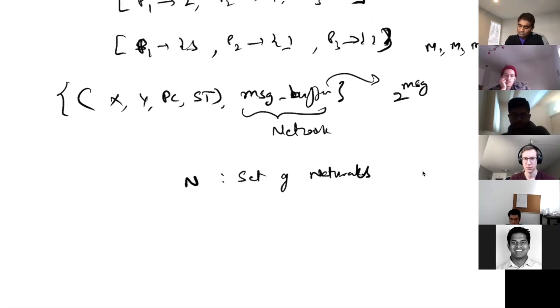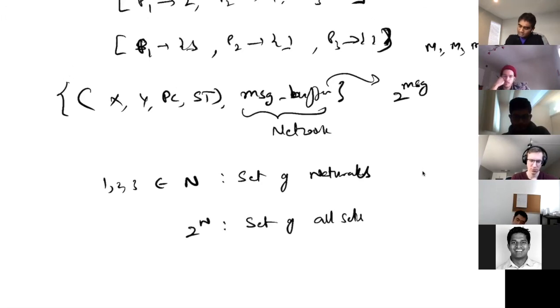The way to usually do it is, here, 1, 2, 3 belongs to N, for instance. 2 power N is the set of all sets of naturals, which means {1}, {1, 2, 3}, etc. belong to 2 power N. That's the notation we use.